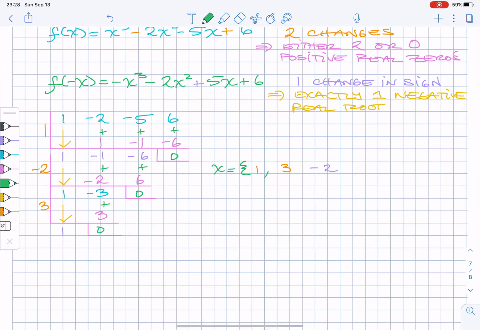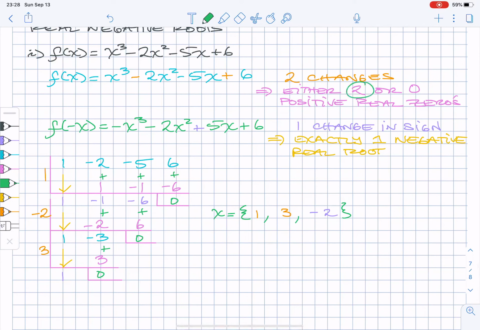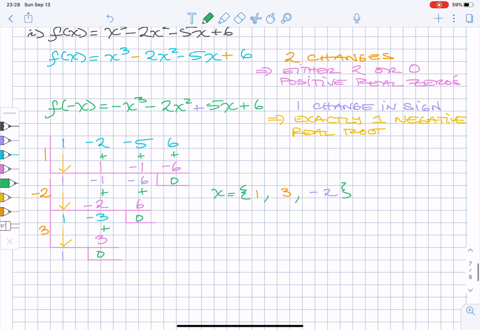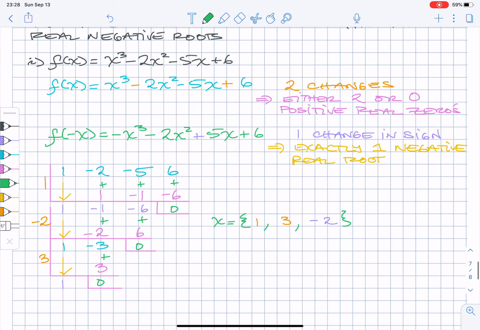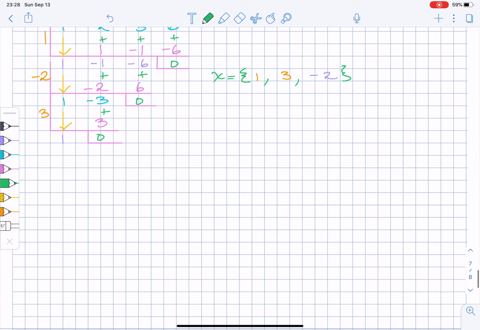So do you agree that there were 2 positive roots and 1 negative root, which is nice. So I can actually plot this, can't I? I know my x-intercepts, and I know it's S-shaped overall, right? And each of them is linear, so let's note.